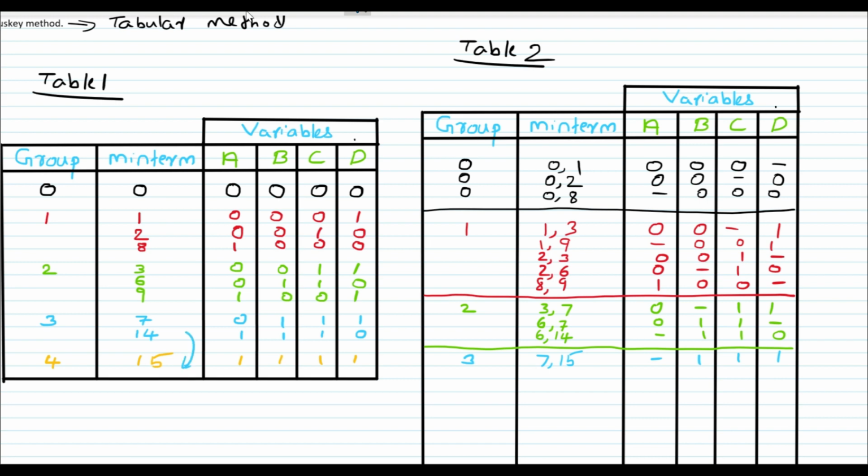Only the last bit is changing. So we can write it as 14, 15. It is 1, 1, 1, dash. So we have compared all the minterms with all the minterms of other groups.